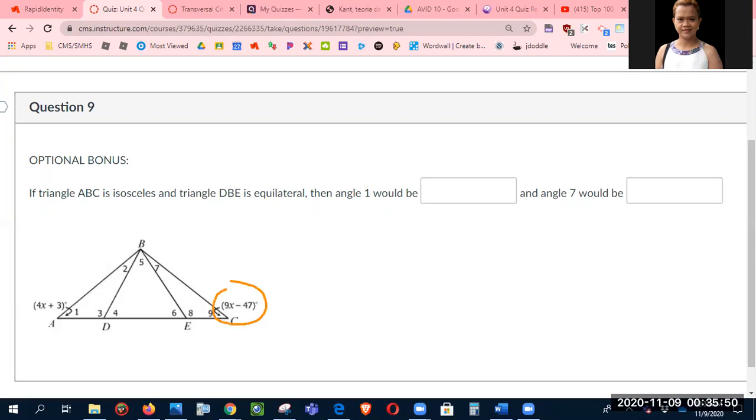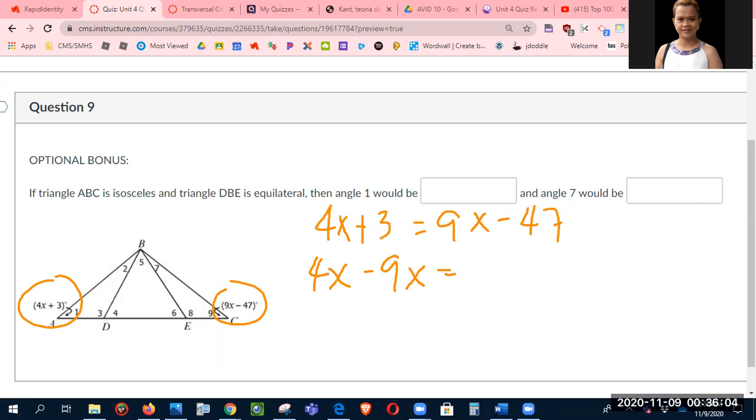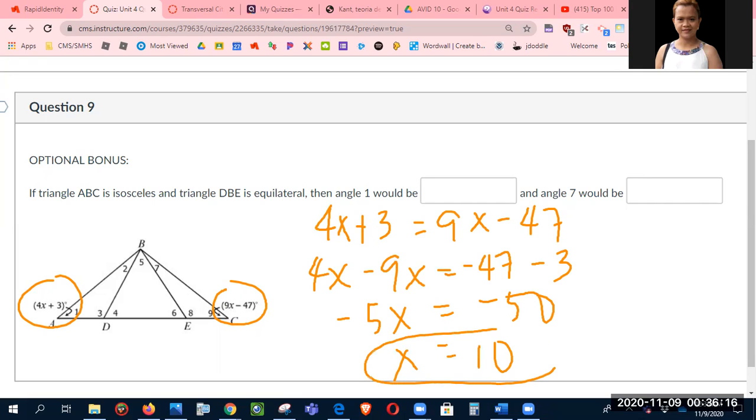These two are congruent because they are isosceles base angles. So 4x plus 3 equals 9x minus 47. So 4x minus 9x equals negative 47 minus 3, which is negative 5x equals negative 50. That gives you positive 10. So 4 times 10 plus 3 is 43. So angle 1 is 43.